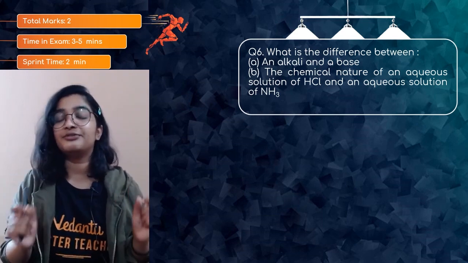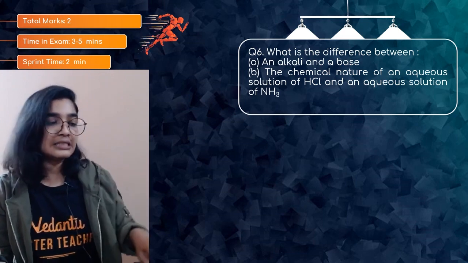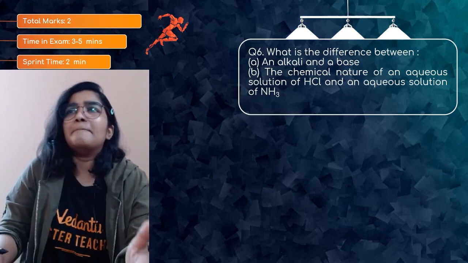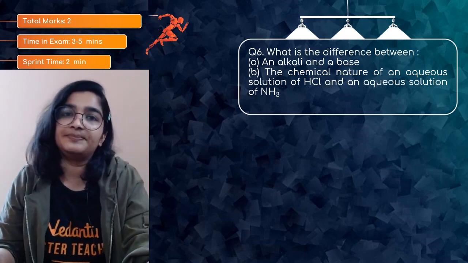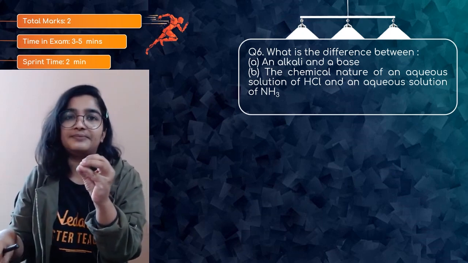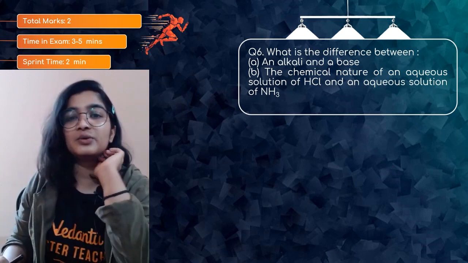That is one major difference. Alkalis are water-soluble bases. If I'm saying this is an alkali, then it has to dissolve in water. But bases may or may not be water soluble. So alkali is just one classification of base. That's all.